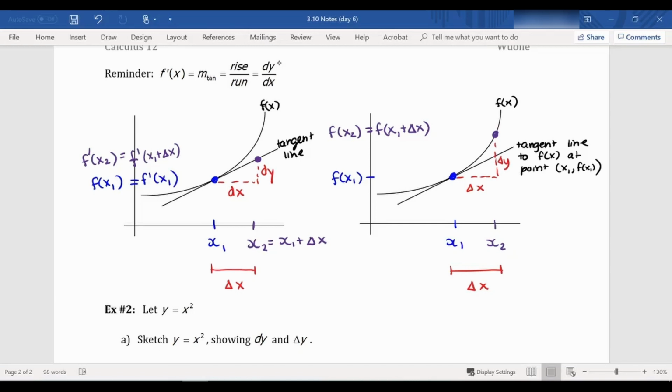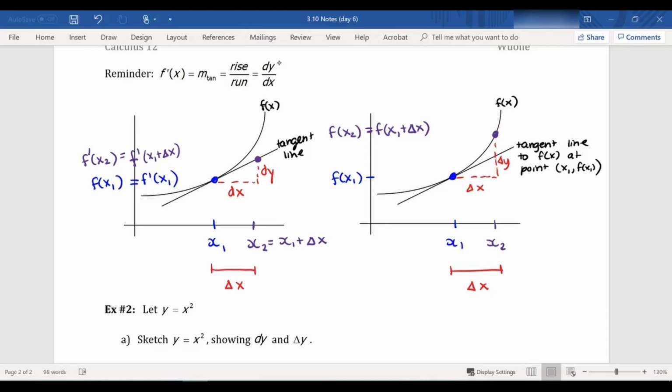By definition, the tangent line must touch at a specific point, and that's what we have. So the blue point is the same on both graphs, but as soon as I draw a second point, if I put it on my tangent line, it's going to have a different y value than if I put it on my original function f.